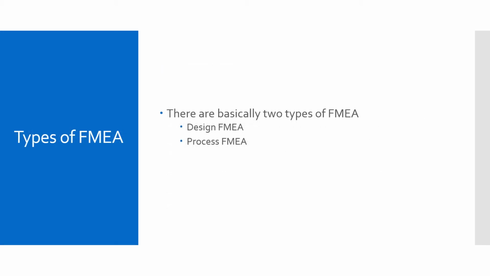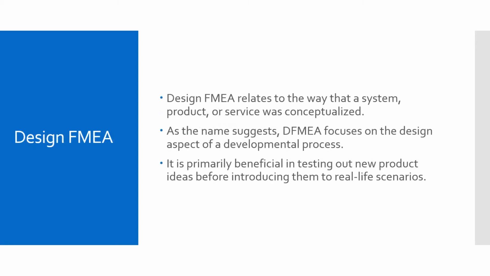There are basically two types of FMEA: design FMEA and process FMEA. Design FMEA relates to the way that a system, product, or service was conceptualized. As the name suggests, DFMEA focuses on the design aspect of a developmental process. It is primarily beneficial in testing out new product ideas before introducing them to real-life scenarios.